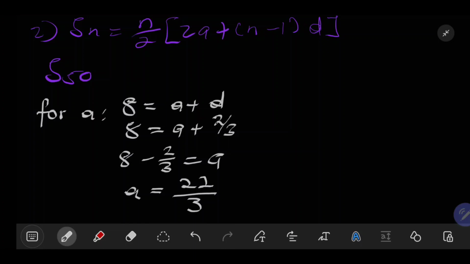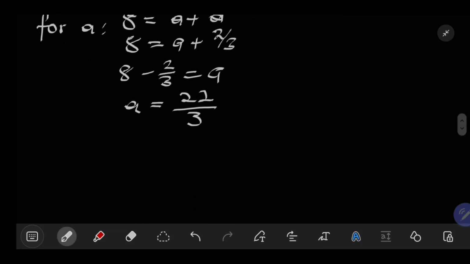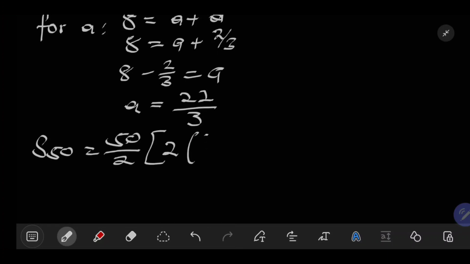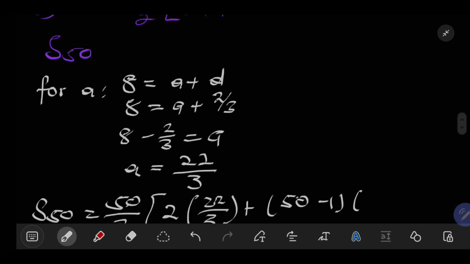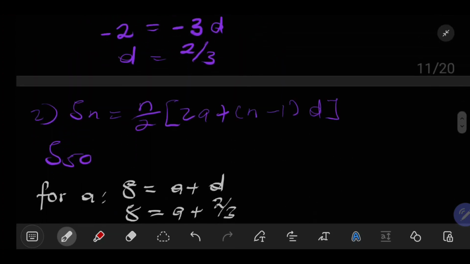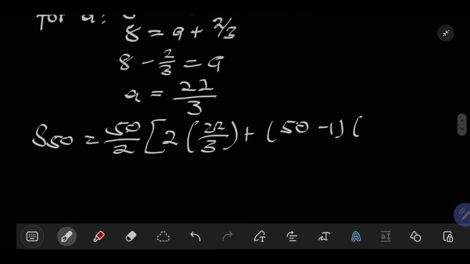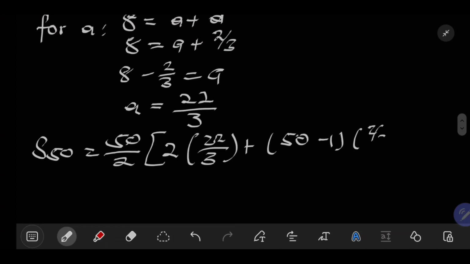We can calculate the sum of the first 50 terms. S50 is equal to 50 over 2, then 2 times the value of a, which is 22 over 3, plus (50 minus 1) times our difference d, which is 2 over 3.